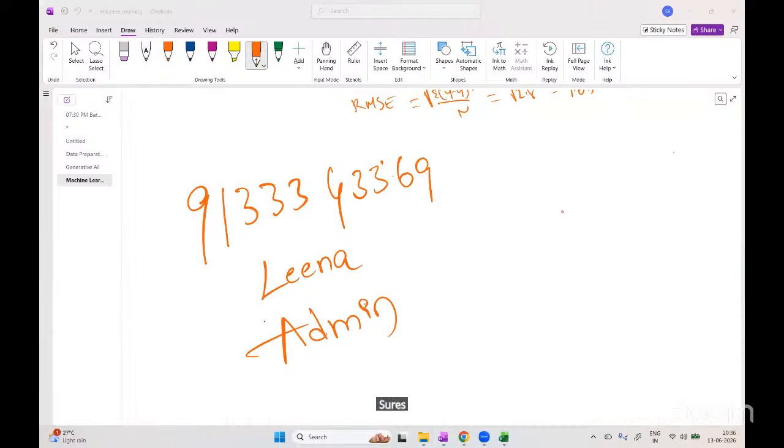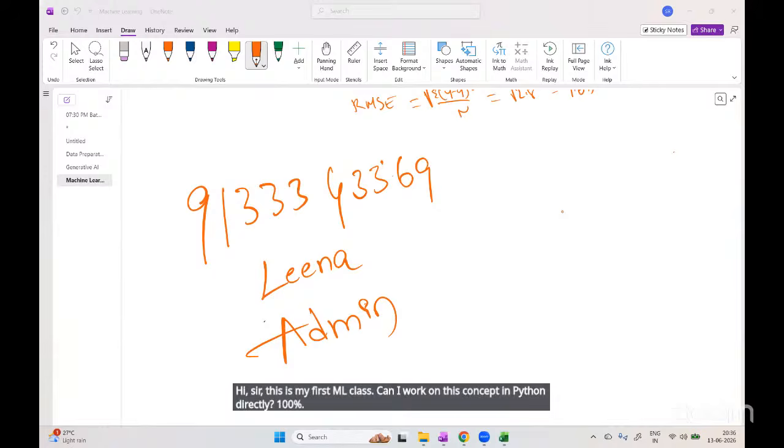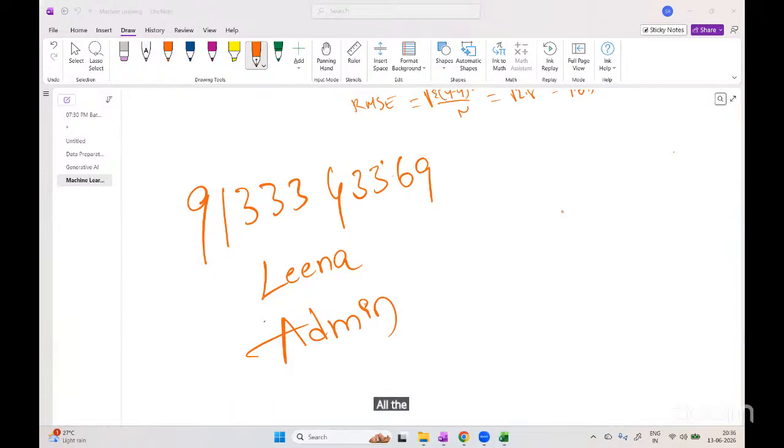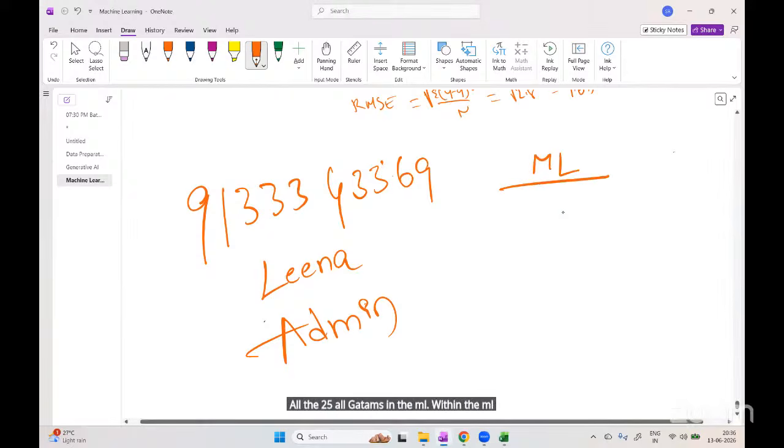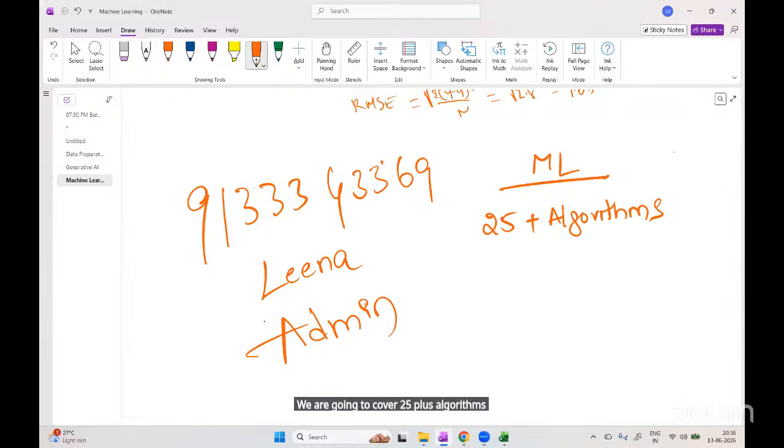Suresh: Hi, sir. This is my first ML class. Can I work on this concept in Python directly? 100%. All the 25 algorithms in the ML, we are going to cover 25 plus algorithms from various techniques.